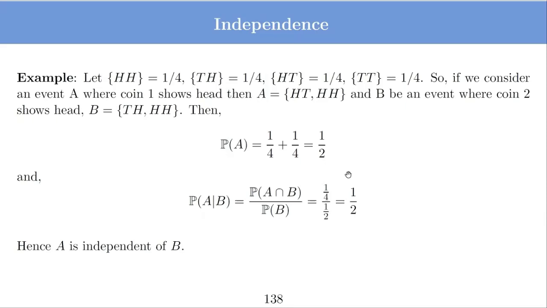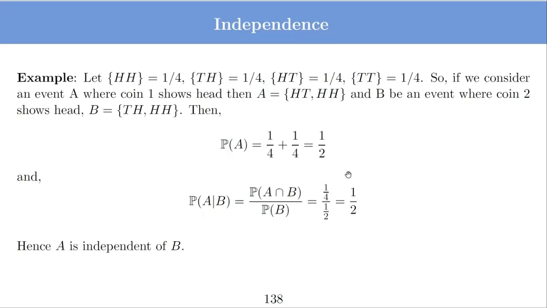So in that case, conditioning with B does not change the probability of A. So we say A is independent of B, which here also implies that the chance that the first coin shows a head is independent of whether coin 2 shows a head or tail.